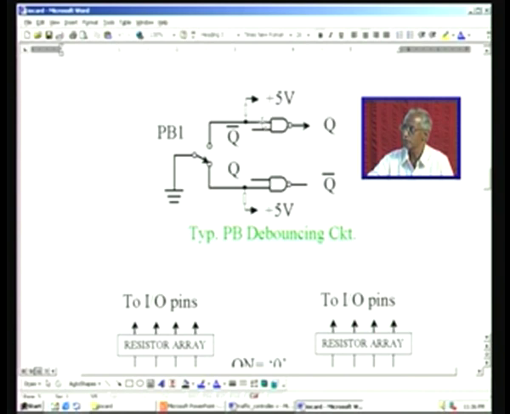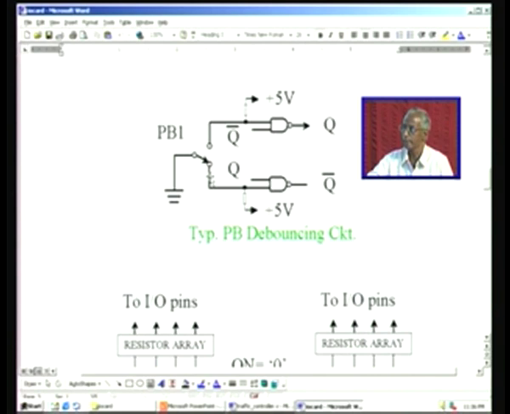So once this is 0, this will be 0 here, therefore 1 here. So the Q output has gone to 1. Obviously I do not have to analyze this one, because this will be the inversion of this. So it has gone to 1 and this has gone to 0. Now what happens when the switch strikes here, it will bounce back because of elasticity in any contactor.